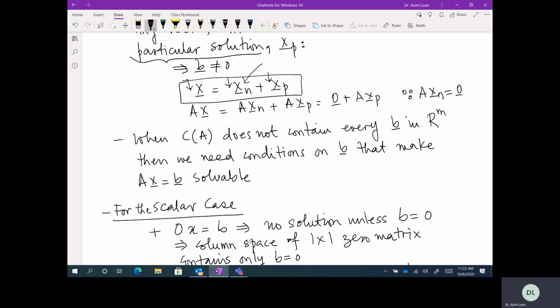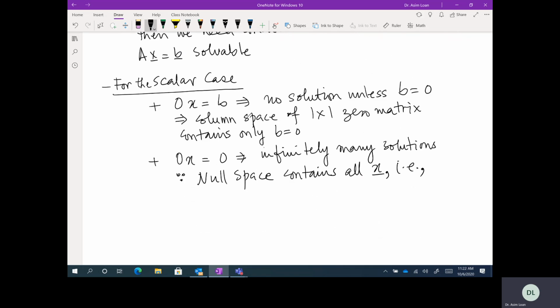Why? Because A times xn is equal to 0. This also implies A times c xn is equal to 0. So you have infinitely many solutions here. So when you add it up here, you have infinitely many solutions. That's what it's saying. So the null space contains all x, that is x equals 0 plus any x.